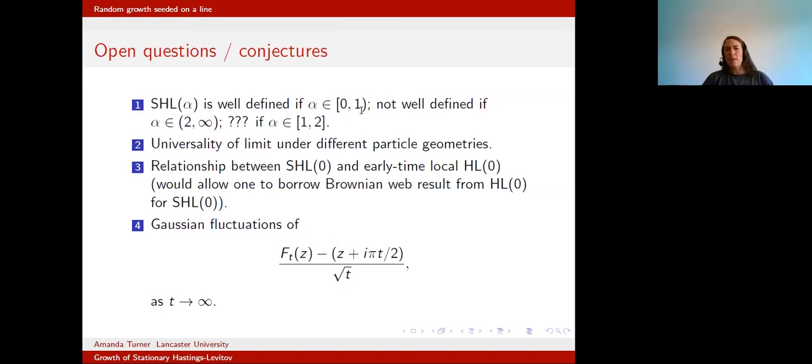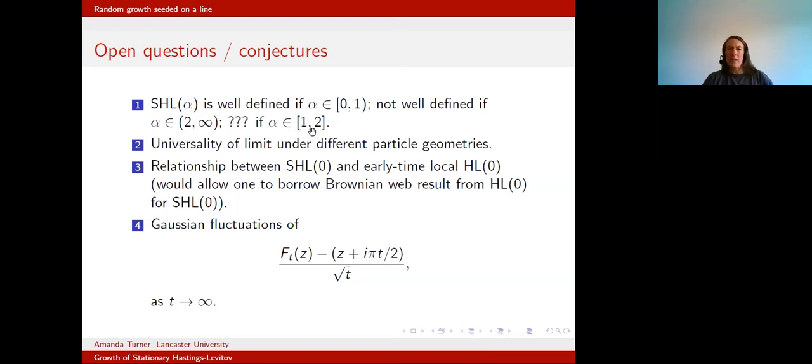The reason for that is we have some strong numerical evidence that true Hastings-Levitov behaves like a disk for alpha between 0 and 1. And if we think stationary Hastings-Levitov is a zoomed-in version of that disk, then that means that if you zoom into a disk, you still get something stationary. And so we believe it should be well defined for alpha between 0 and 1.